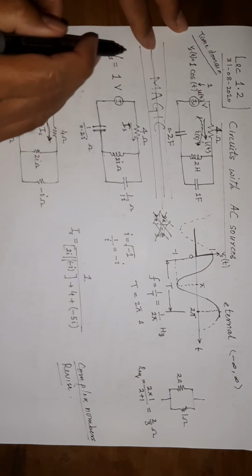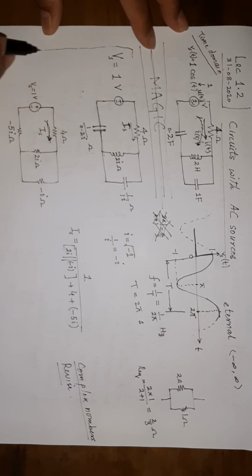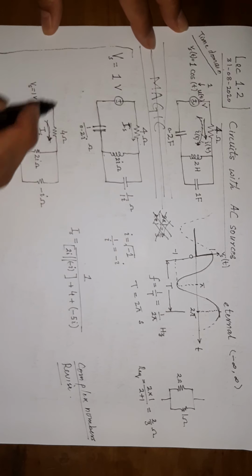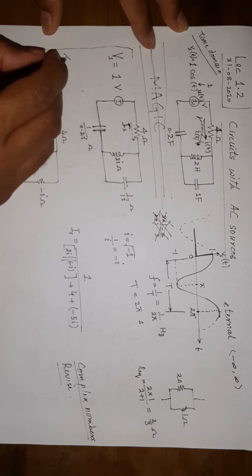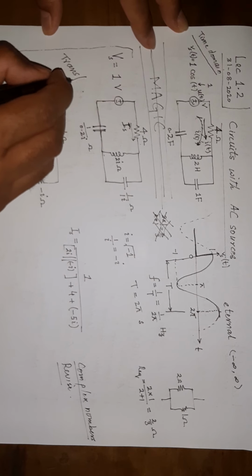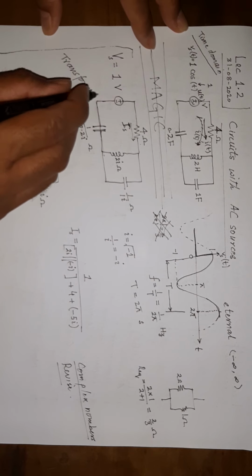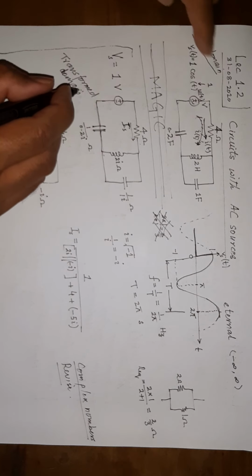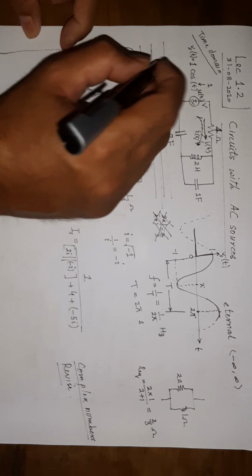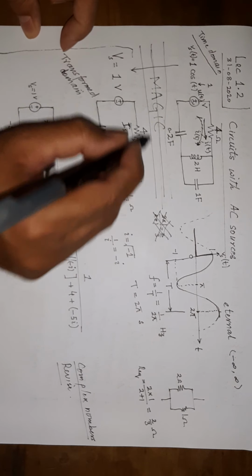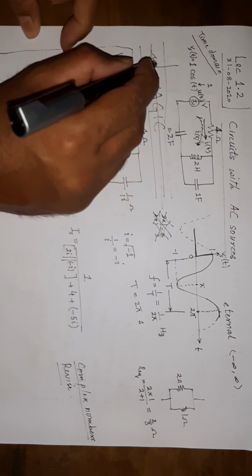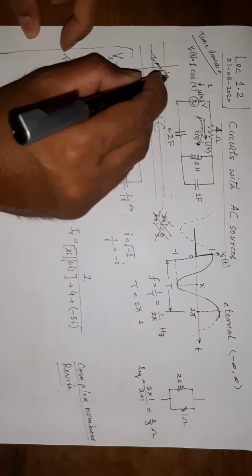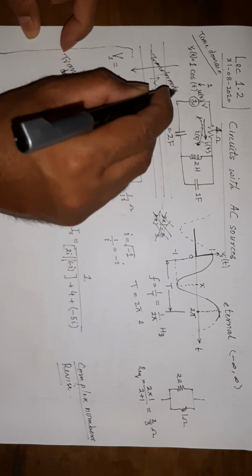But remember, we are in the magic land. We are doing this in the transformed world. Transformed domain. This is time domain, this is transformed domain. And the transformation occurs through this magic band. So this transformation is yet to be understood.